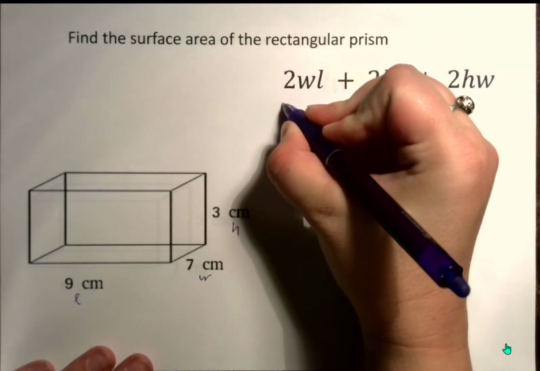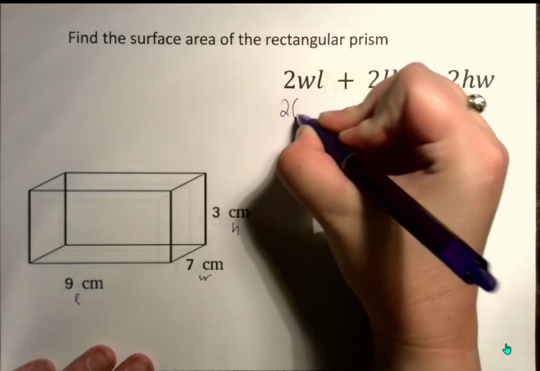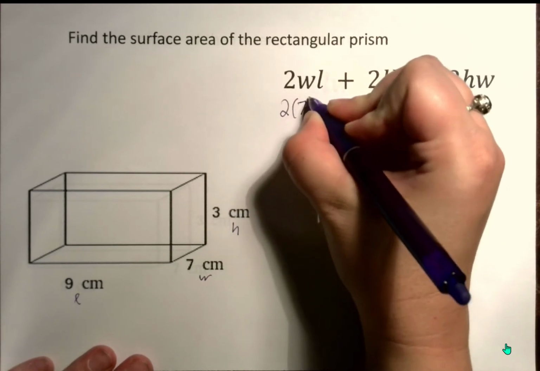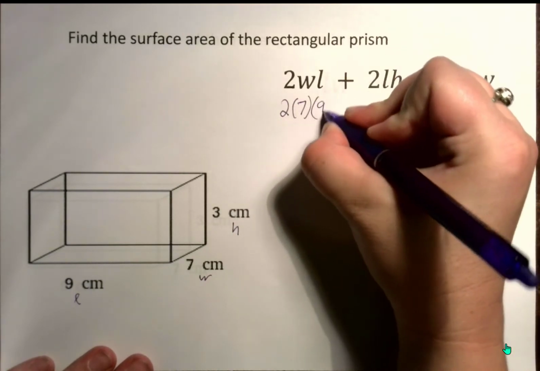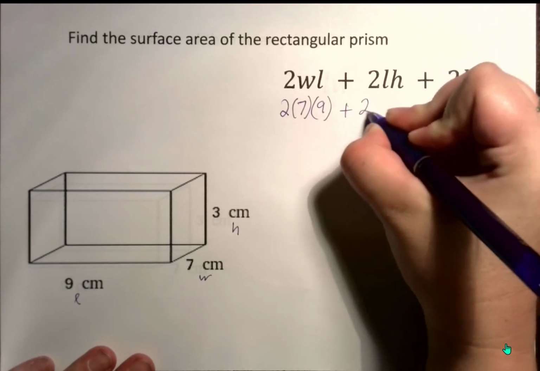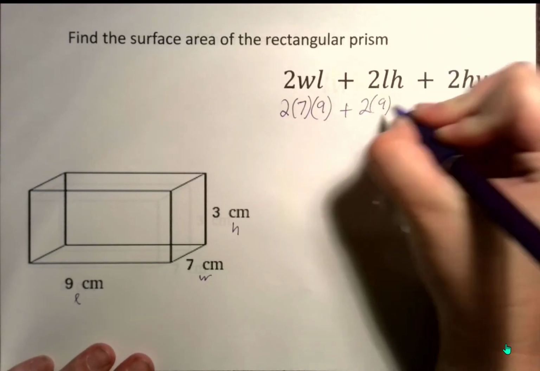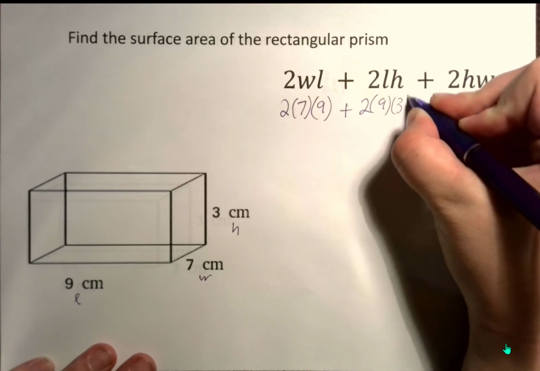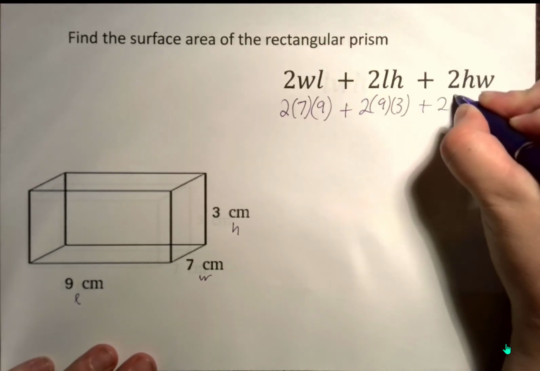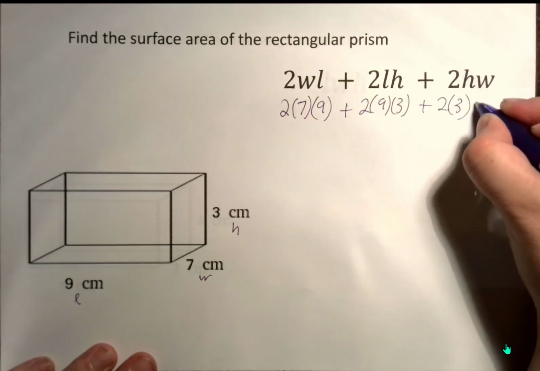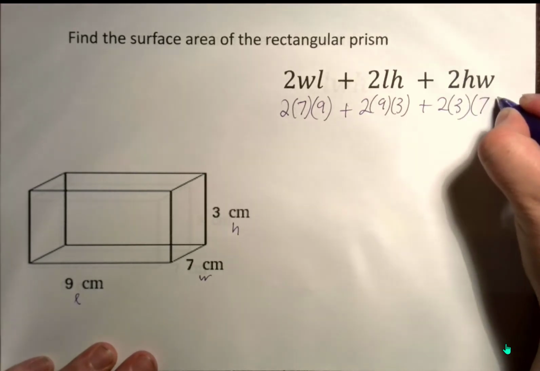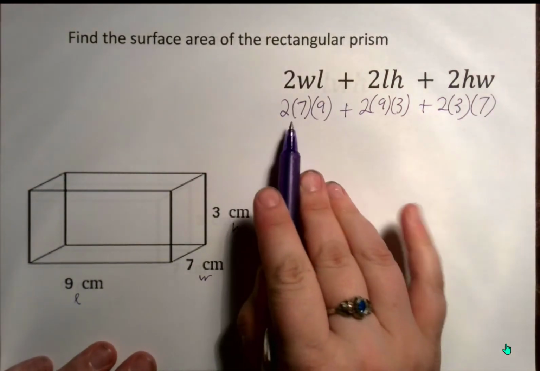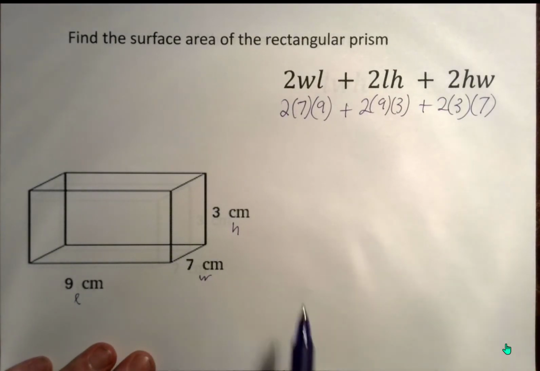So 2 times my length, 2 times my width, which is 7, times my length, which is 9, plus 2 times the length, times the height, which is 3, plus 2 times the height, times the width. So you see how we use every number twice.